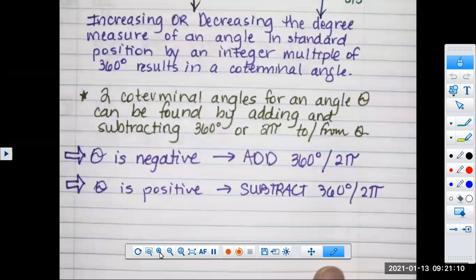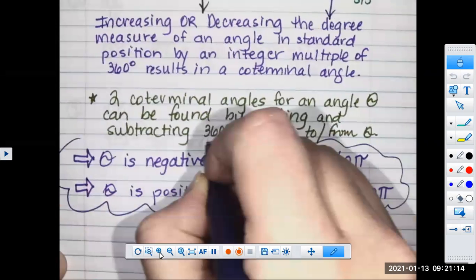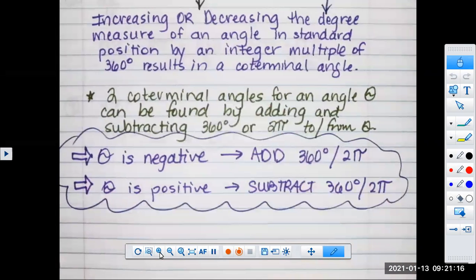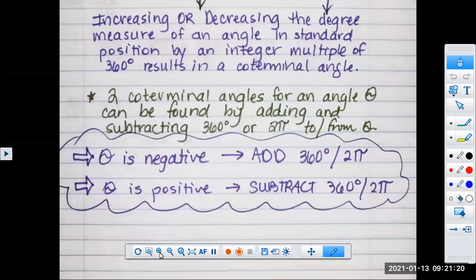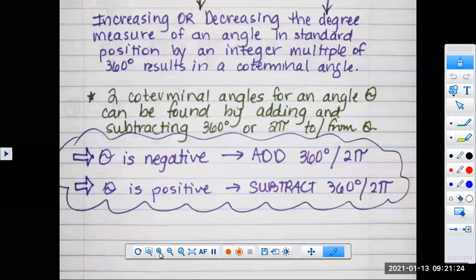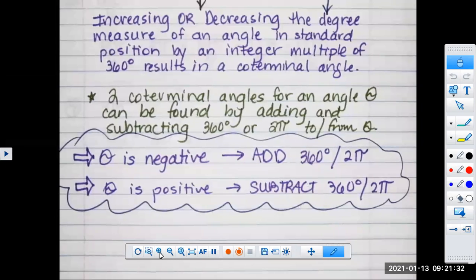Okay, definitely write down this part. You can find infinitely many coterminal angles for any angle. All you have to do is keep subtracting 360 or 2 pi, or keep adding 360 or 2 pi.